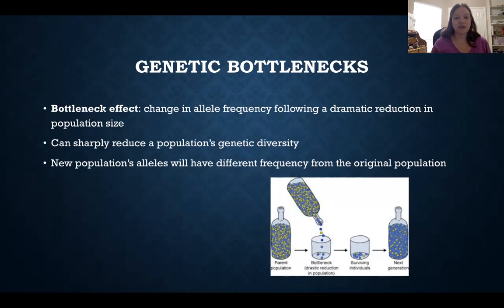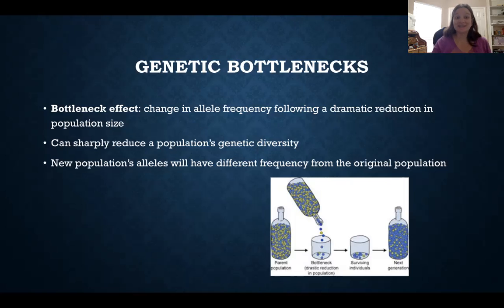A genetic bottleneck is where randomly something has happened in our environment to drastically reduce the population size. Something like a wildfire, perhaps, or a hurricane or some sort of natural disaster comes through and kills a whole bunch of the population. It would be a very random change, so it doesn't really have anything to do with being more or less fit.